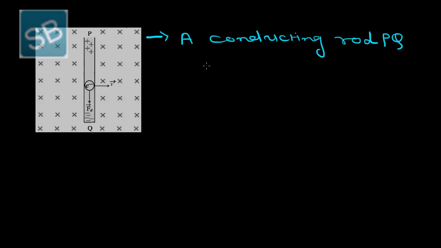The rod PQ moves in a magnetic field. Here I am considering the magnetic field as B, and the plane is perpendicular, which is clearly shown. The positive ions and electrons in the rod will also move along with it, because there are positive and negative ions. Here an electron is shown, which has a negative sign, in the direction of the motion of the rod.